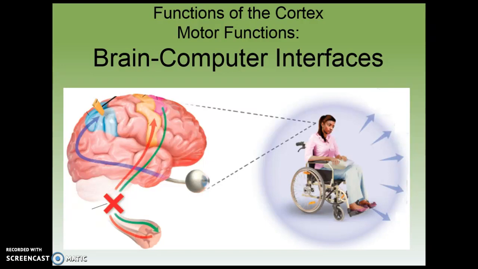As the monkey used a joystick to move a cursor to follow a moving red target to gain rewards, the researchers matched the brain signals with the arm movements. Then they programmed a computer to monitor the signals and operate the joystick. When a monkey merely thought about a move, the mind-reading computer moved the cursor with nearly the same proficiency as had the reward-seeking monkey. In follow-up experiments, 2 monkeys were trained to control a robot arm that could grasp and deliver food, and then a human did the same.